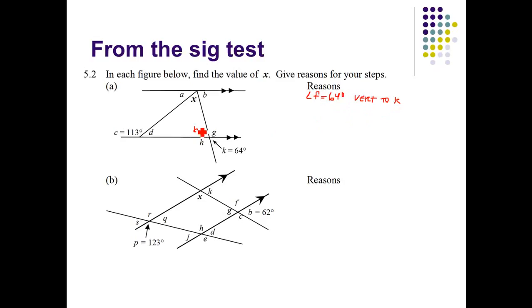So I know this is 64. If C is 113, angle D is equal to 67 because angle C and angle D are a linear pair.